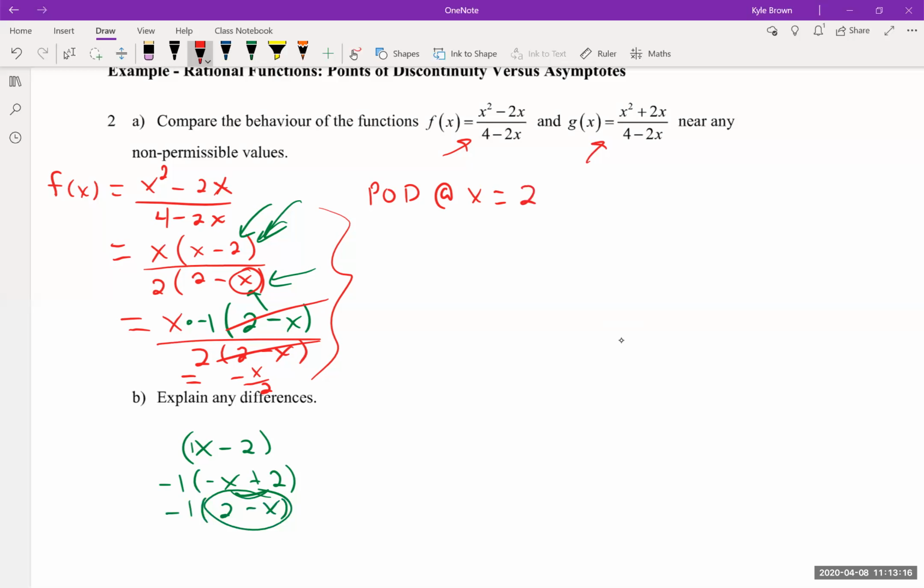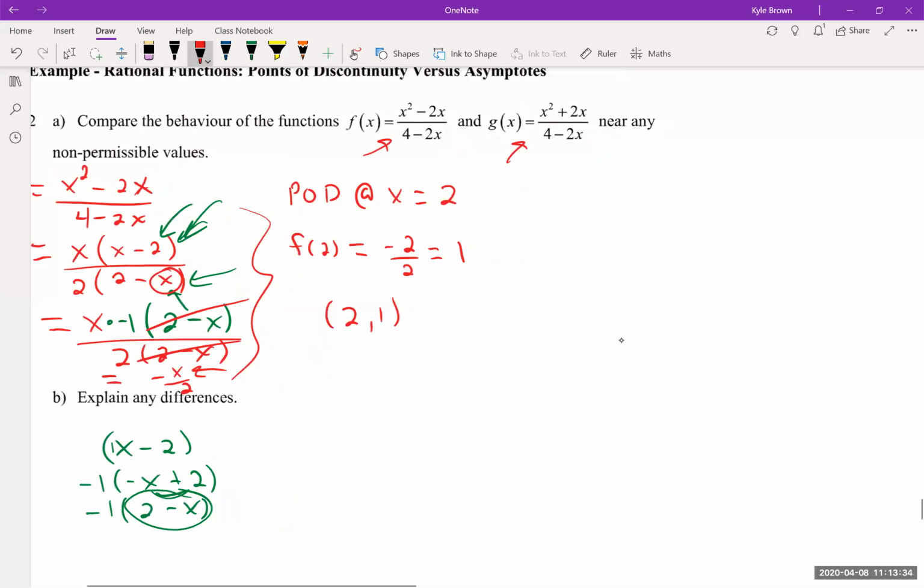Then that point itself would be at f of 2, if I just put 2 into there. So f of 2 would be -2 over 2. So that'd be equal to 1. So the point itself would be at the point 2, 1, right? That would be my point of discontinuity. POD.